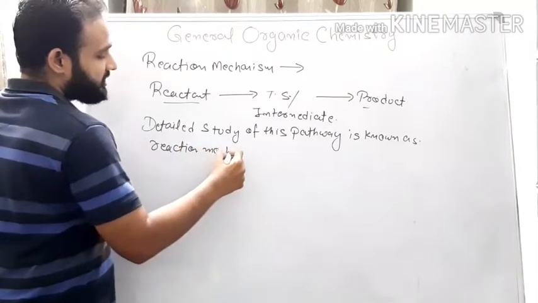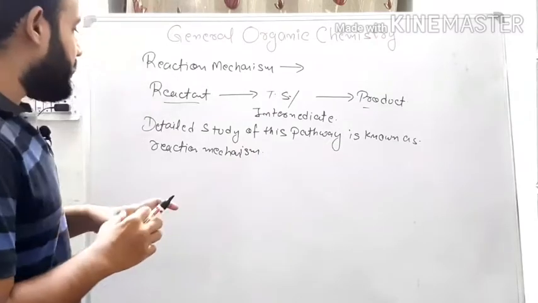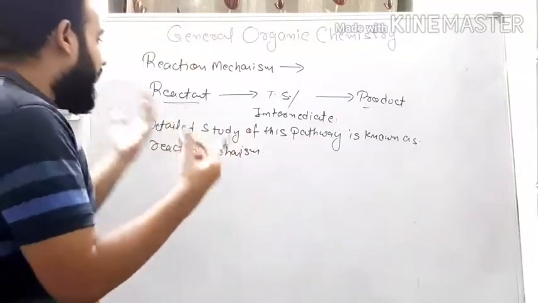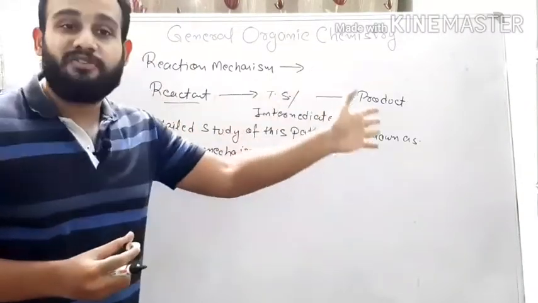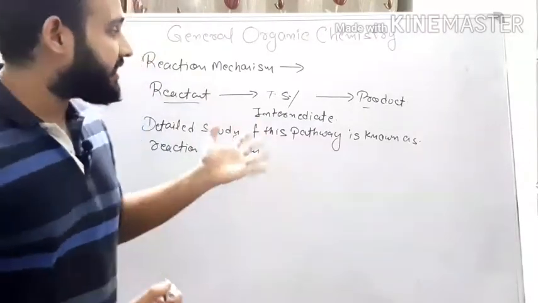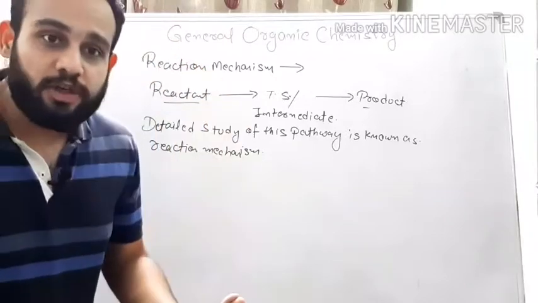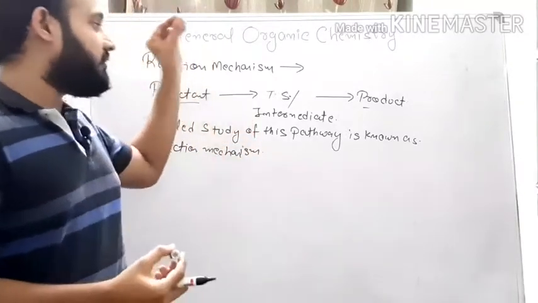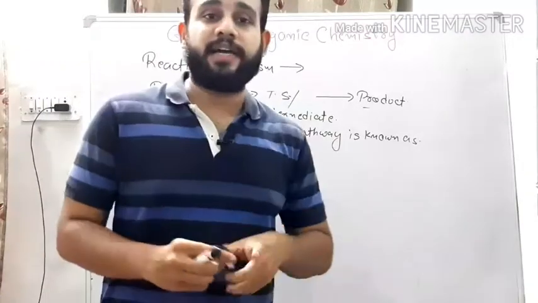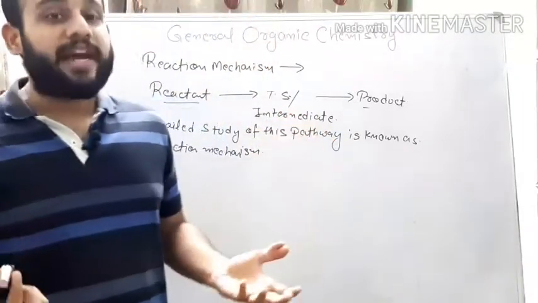So in short, when you talk about reaction mechanism, you must find how a reactant can convert into product. What is the energy state of reactant and product, what are the energy changes, or what are the stereo changes, what is the energy state of the transition state or intermediate, or what type of effect we consider in the reactant or product, what type of displacement, what type of reaction occurs, okay.